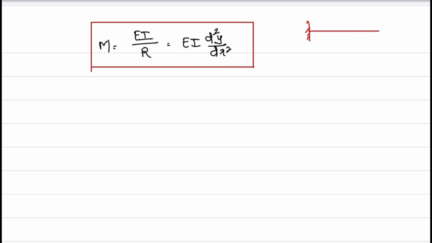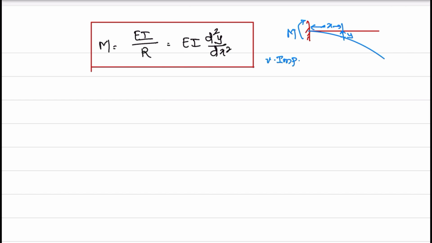In this, it is the x, and this is the deflected shape, and at any point x, this is the y. The relation between bending moment M and deflection is M is equal to EI into d square y by dx square. Very important equation. All equations are very important in this lecture.